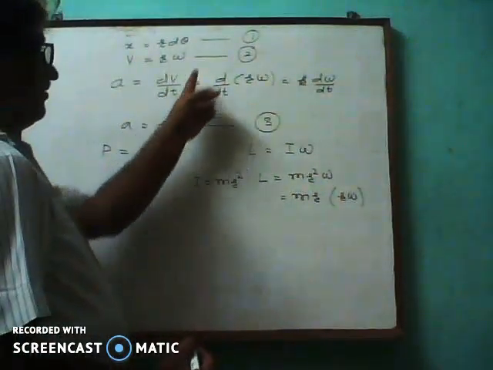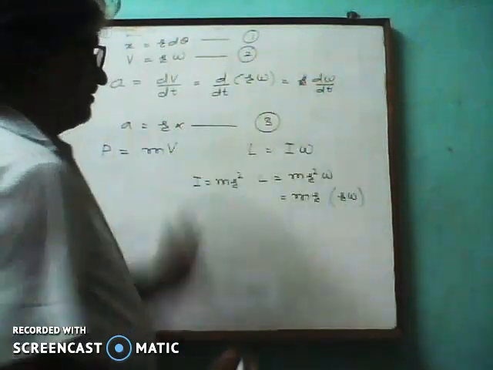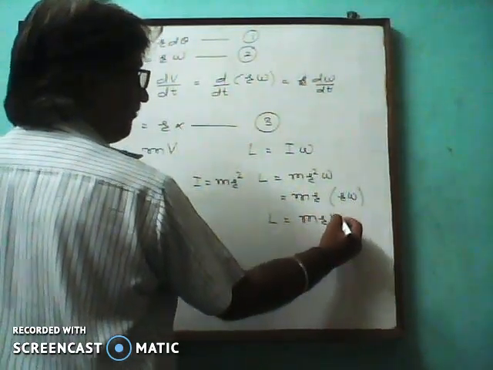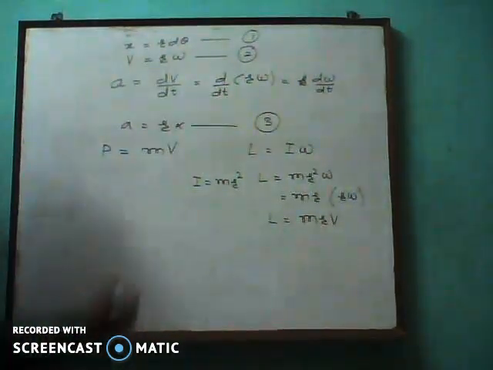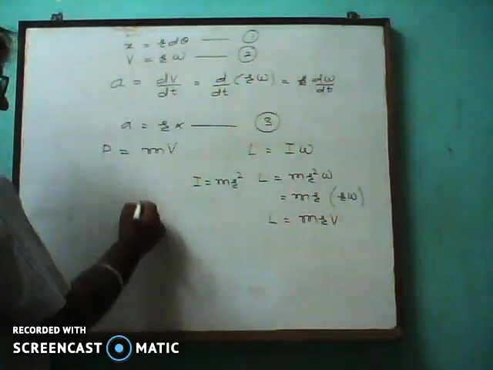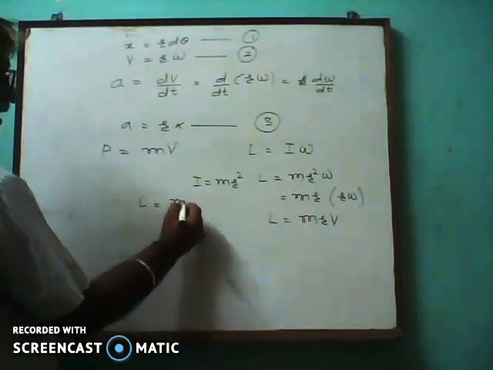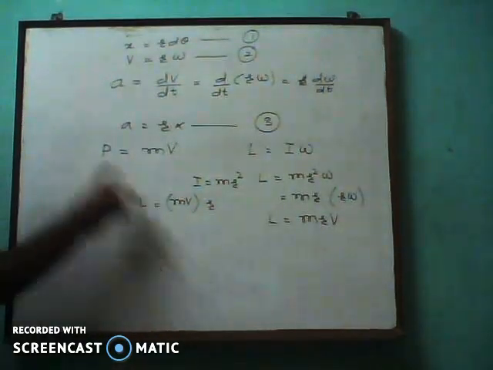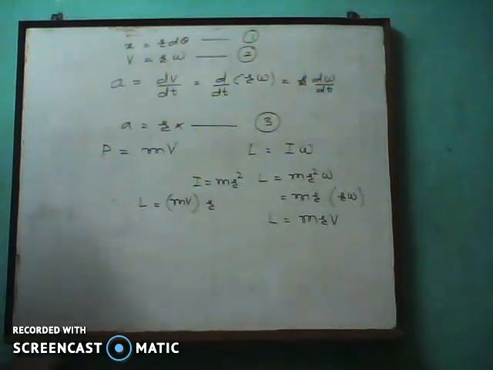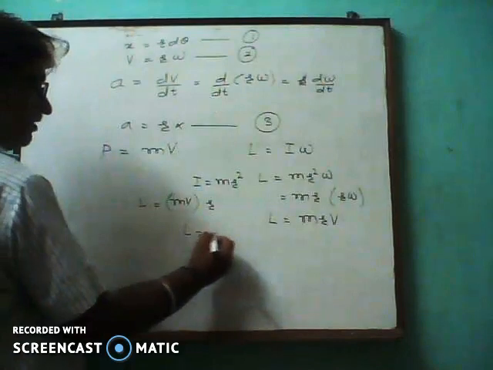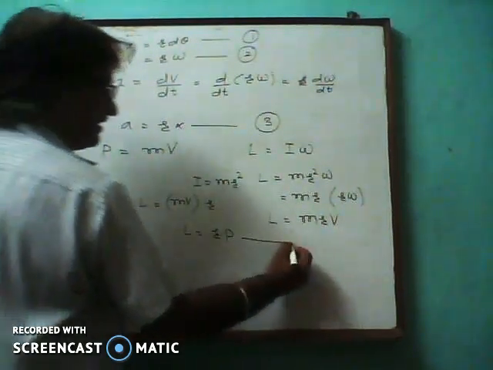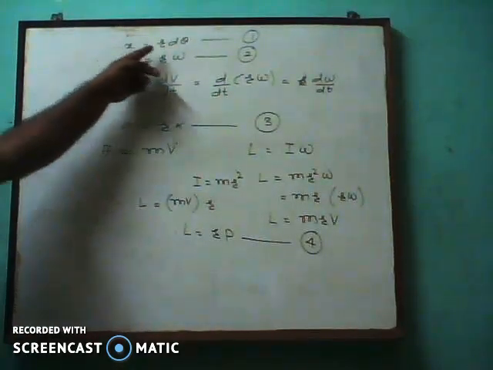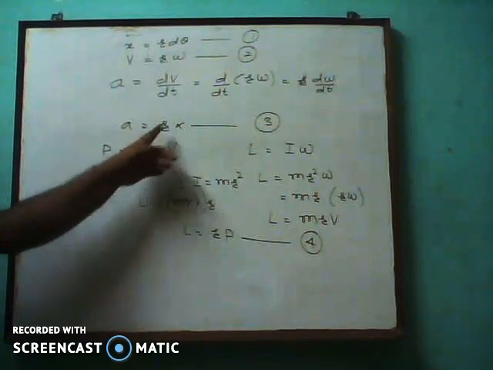And we know that from equation 2, r omega is v. So we can say that L equals m r v. Here we also show that L is equal to m v into r, and m v is nothing but linear momentum. Therefore, L is equal to r into P. That is the fourth relation.